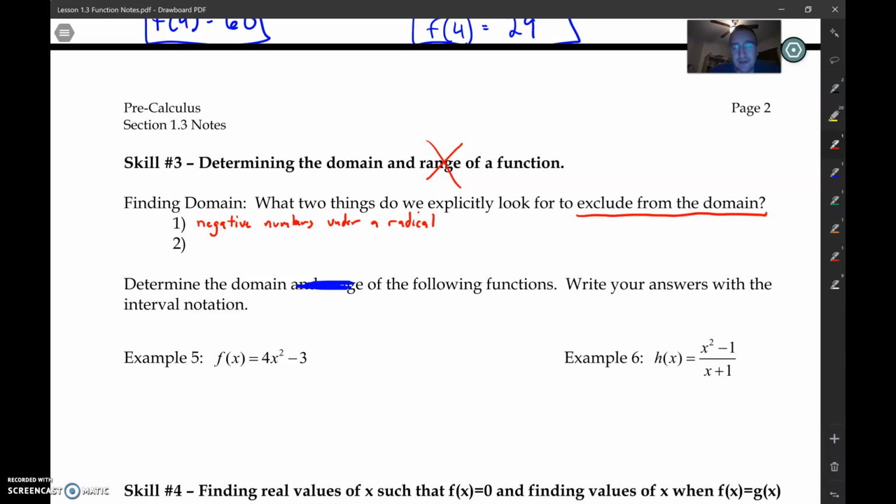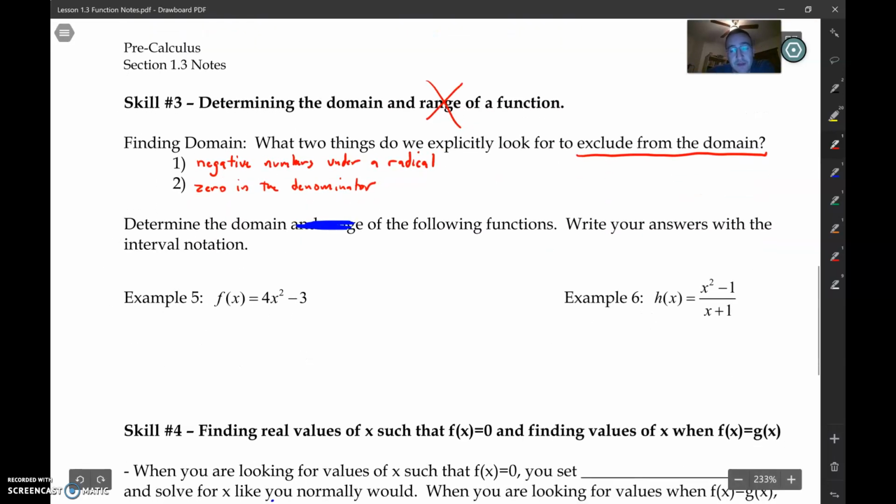So that's the first thing we have to avoid. And the second thing we have to avoid is we cannot divide by 0. So actually, I want to phrase it like this. We want to avoid 0 in the denominator. We want to avoid negative numbers under a radical, and we want to avoid 0 in the denominator.